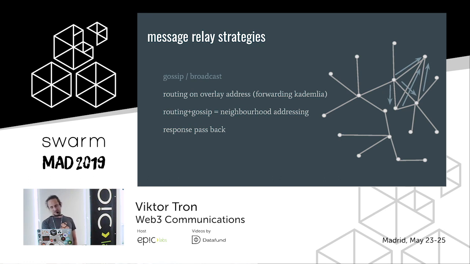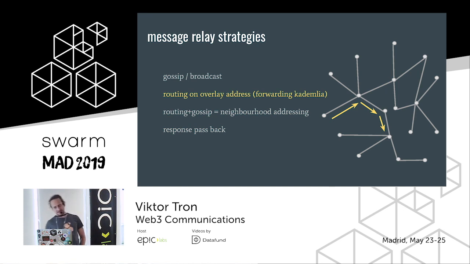Which means that, apart from gossip, where in a particular area you just broadcast the message to all the other nodes, you can have efficient routing with relays, which we call forwarding Kademlia. This is central to the workings of Swarm, and it's important to notice that forwarding Kademlia makes message passing sender anonymous, or at least it makes the sender plausibly deniable and difficult to identify.